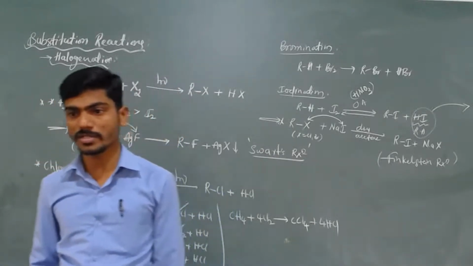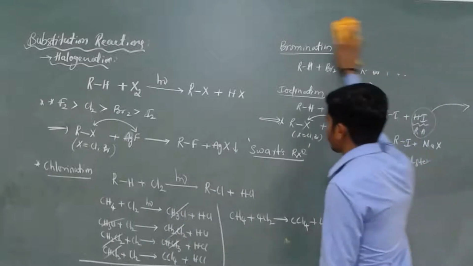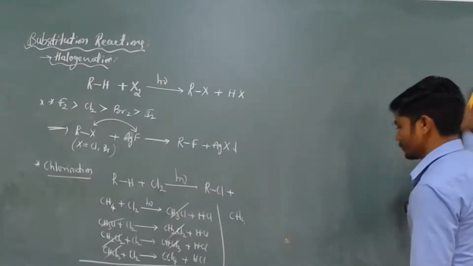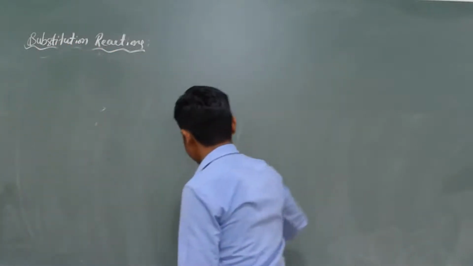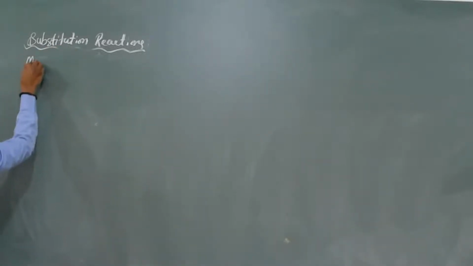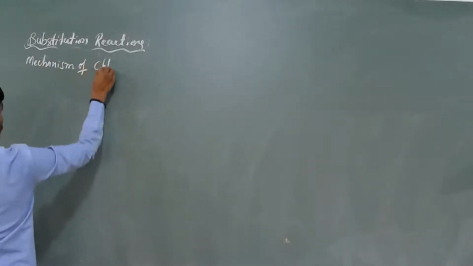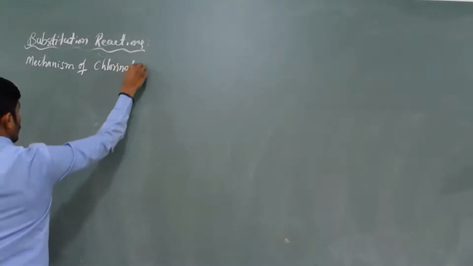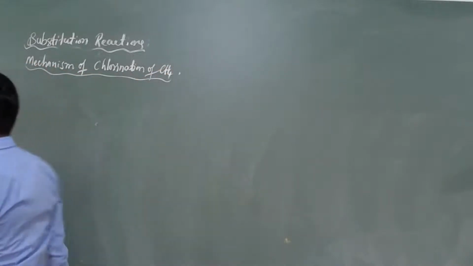Let's complete it. Next heading: mechanism of chlorination of methane. The mechanism of halogenation in general involves three steps.